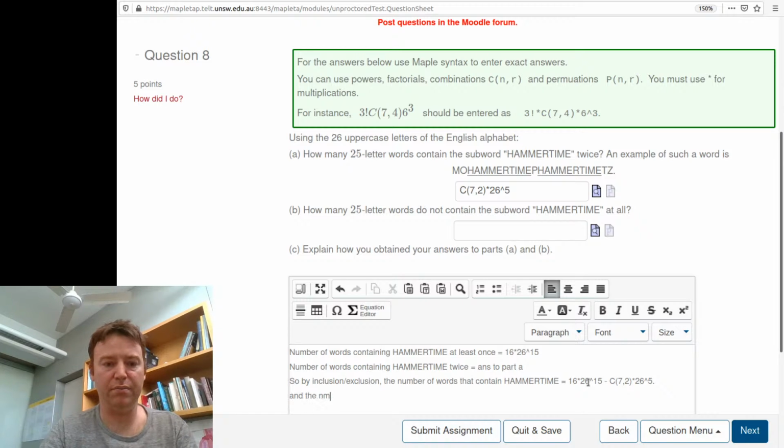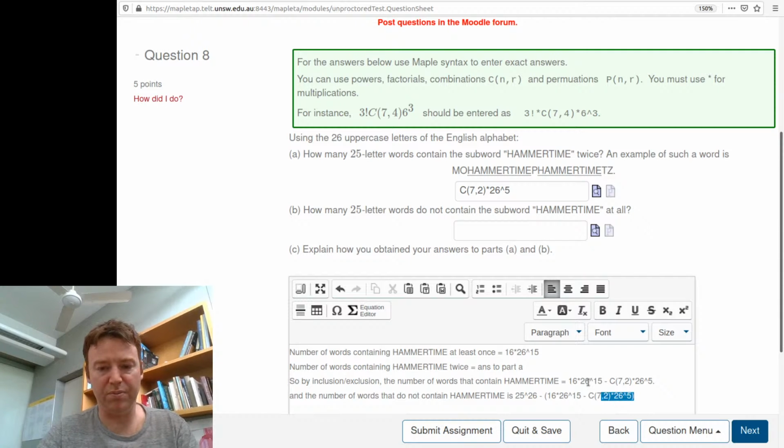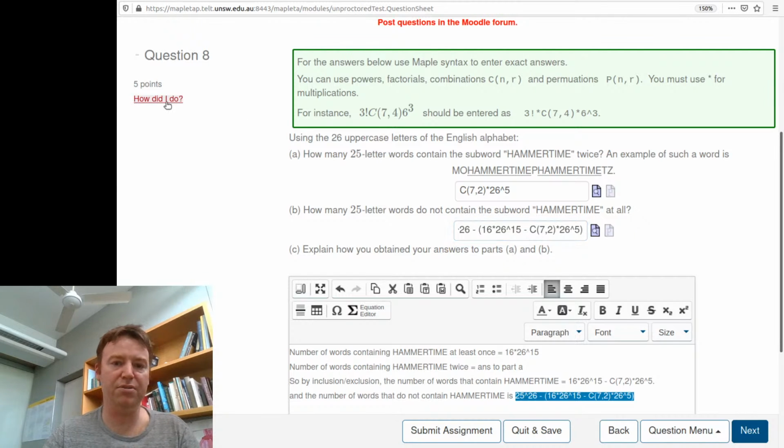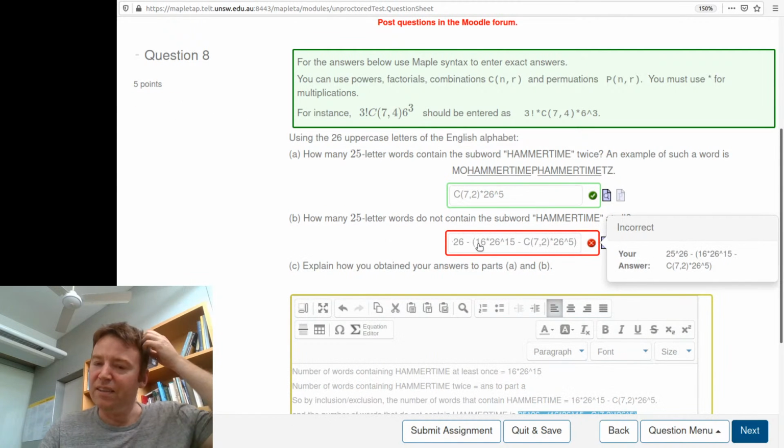And the number of words that do not contain hammer time is, well, it's going to be 25 to the power 26 minus all the ones that we just had there. And I'm just going to copy that and paste it in here and cross my fingers. How did I do?